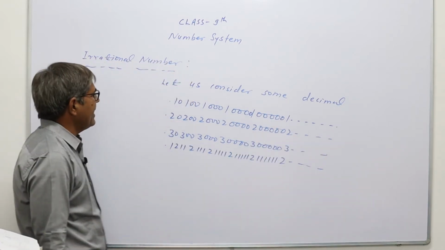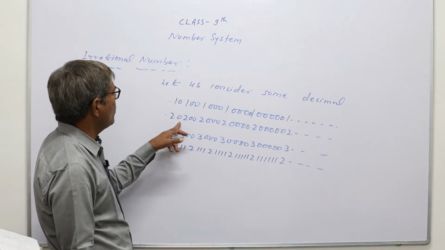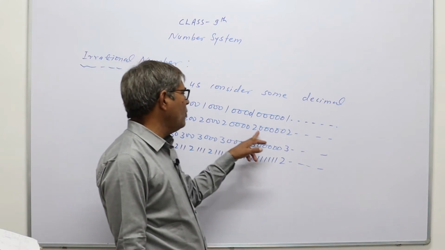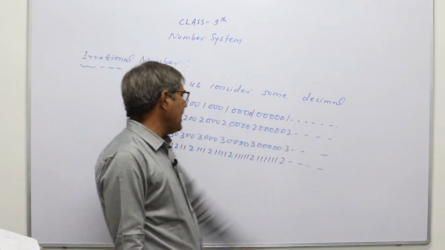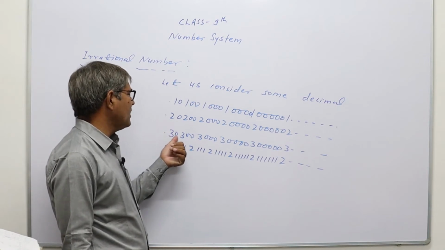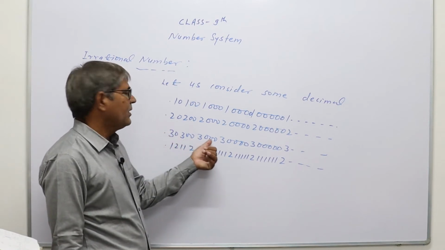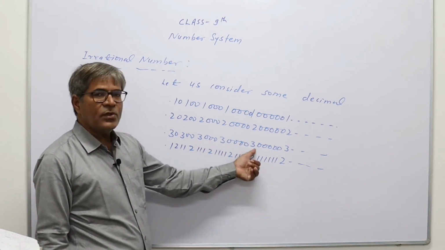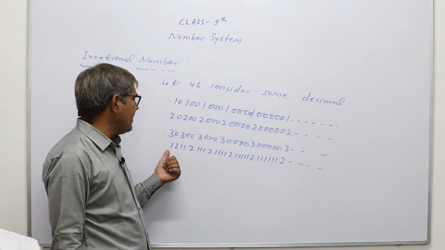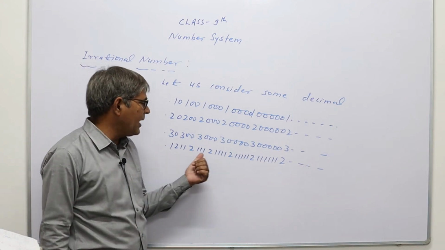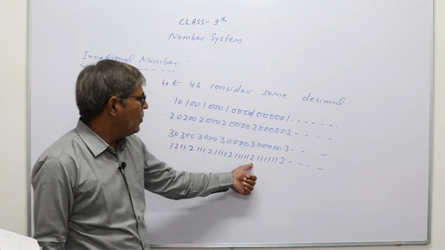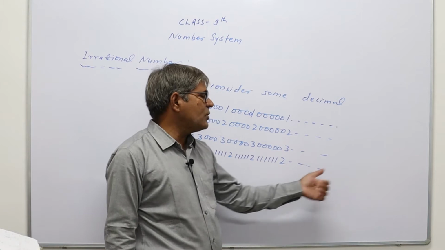Similarly, the next decimal is 0.202002000200002 and the next one is 0.303003000300003 and the next one is 0.121121112111121111121 and so on.